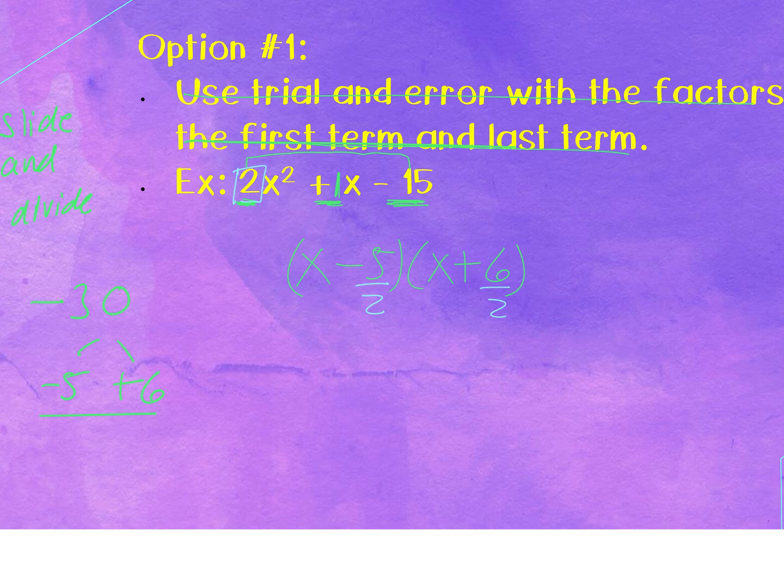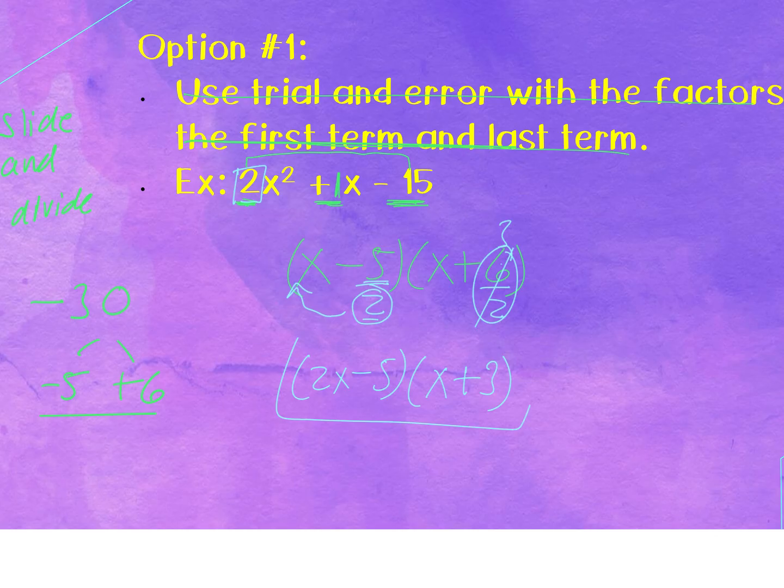So 6 divided by 2 on this side becomes 3, so this factor is going to become x plus 3. 5 over 2 does not simplify, so I'm going to take the number at the bottom and slide it out front. Slide and divide. And then those are your factors. Simple as that.